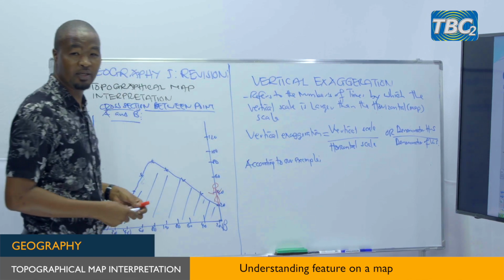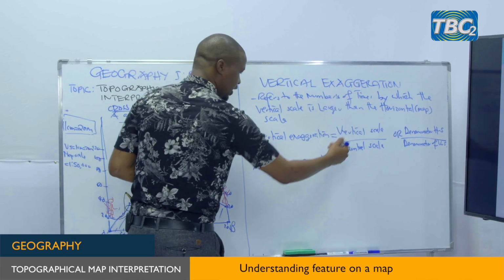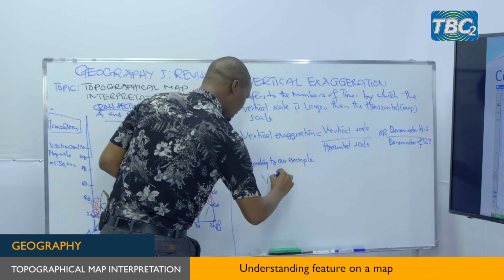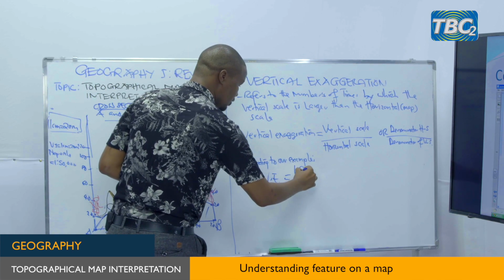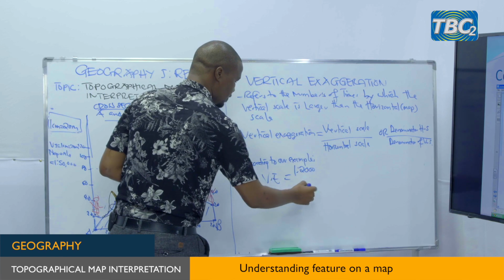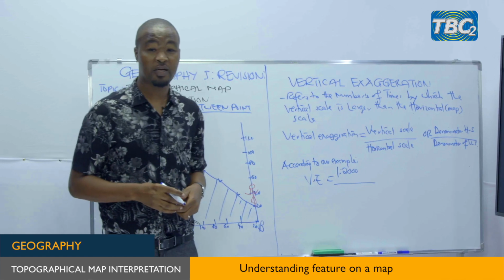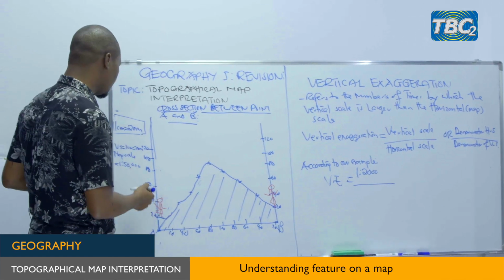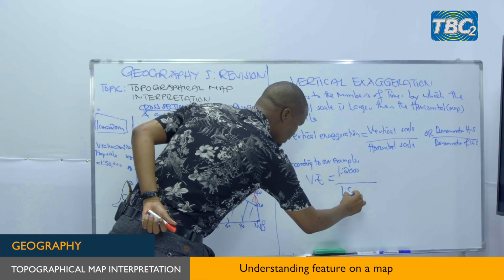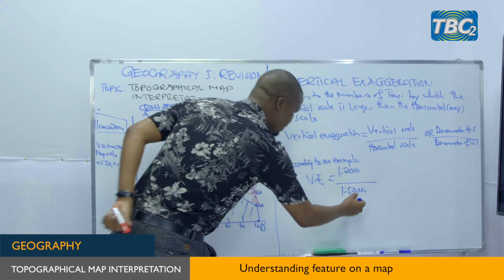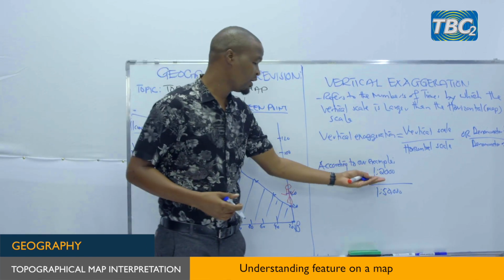According to our example, the vertical exaggeration is equal to the vertical scale, which is 1:2000, divided by the horizontal scale. The horizontal scale refers to the map scale provided, and the map scale provided is 1:50,000. So right now we have to take this one divided by this one.